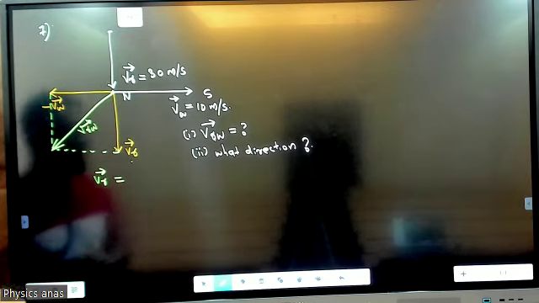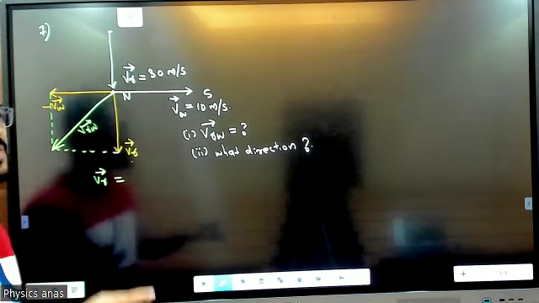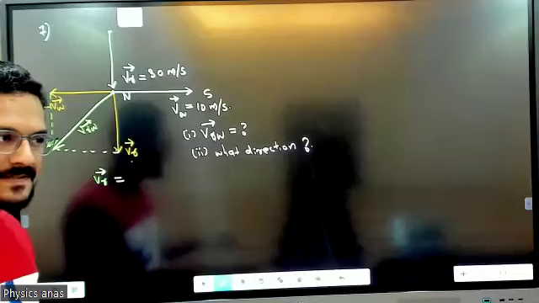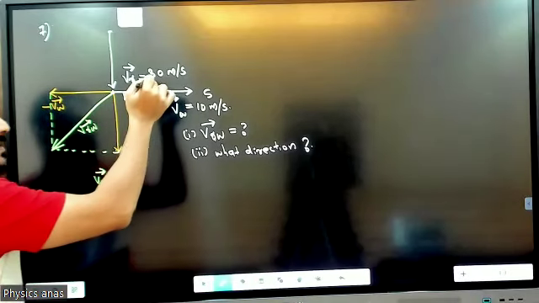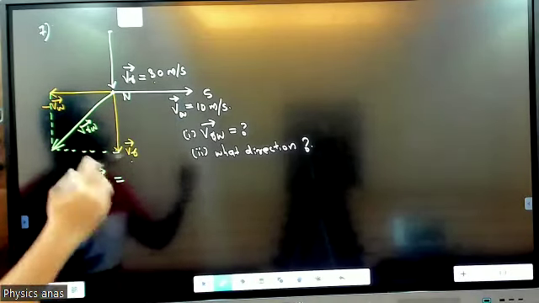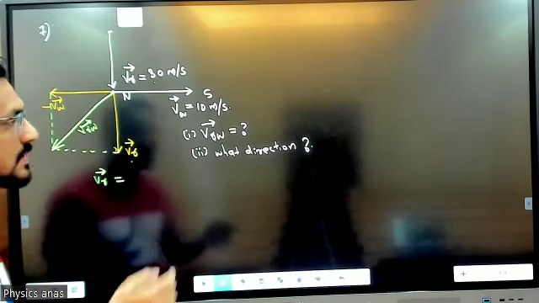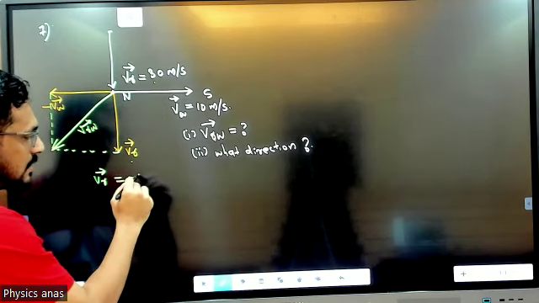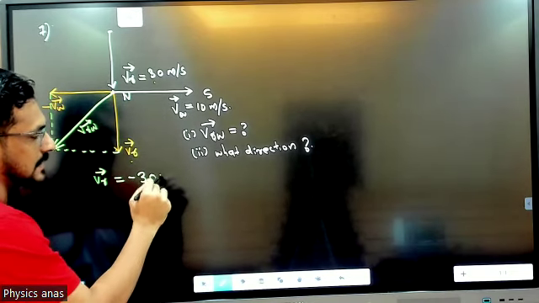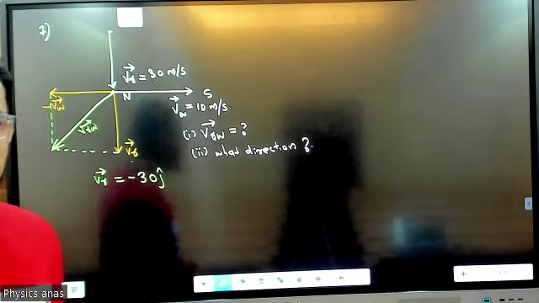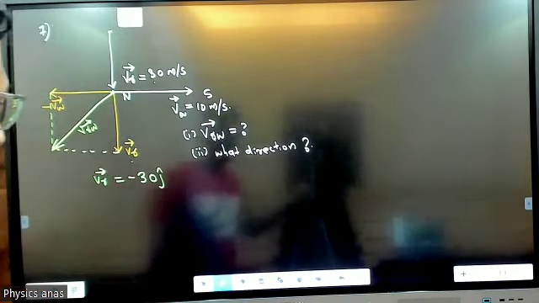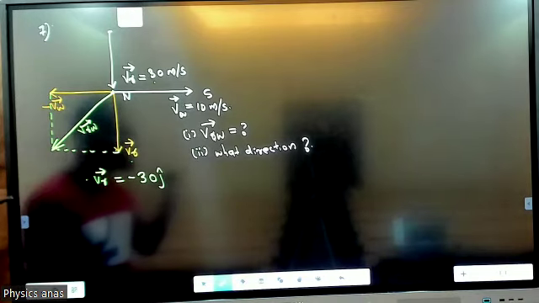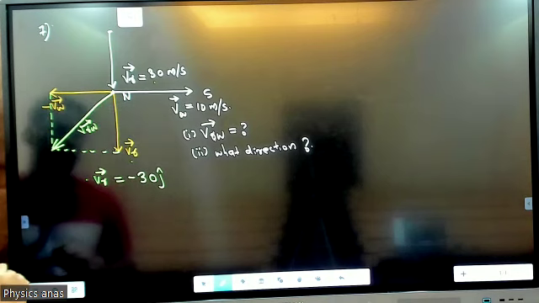Downward direction is the negative y-axis, so the unit vector with this velocity vector will be minus j. So you can take it as 30 times minus j, which is minus 30j. This is the velocity vector of rain.